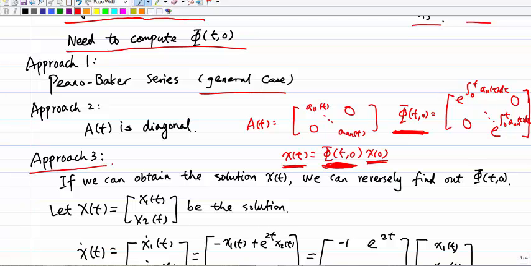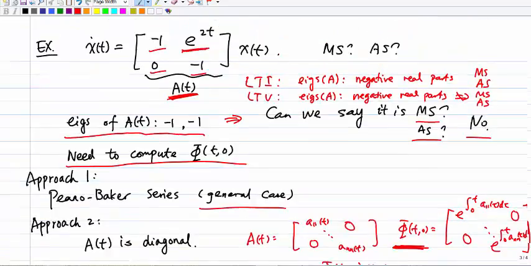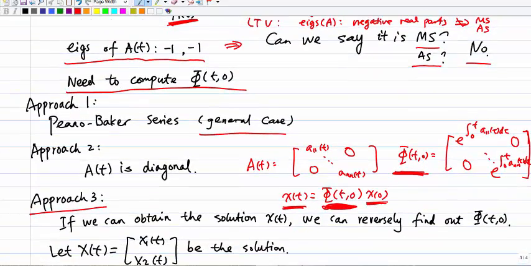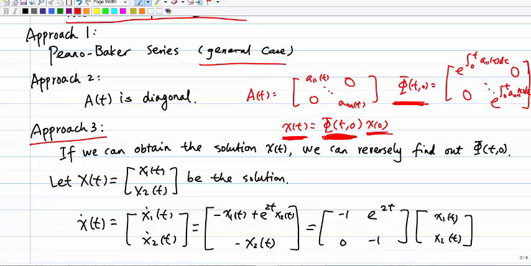Given this, let's take a look. If I give some initial condition, let's find the actual x(t) and see if we can write this x(t) in this form. Then we can find the corresponding transition matrix. The whole point is that we want to find a solution. Let's say a solution is given by x1(t), x2(t), and my initial condition is x0, which is just x1(0) and x2(0).